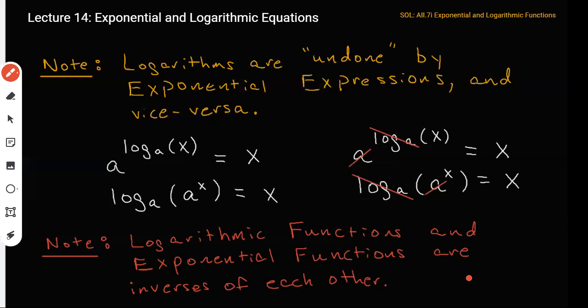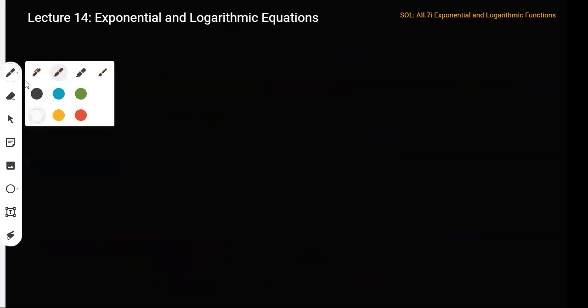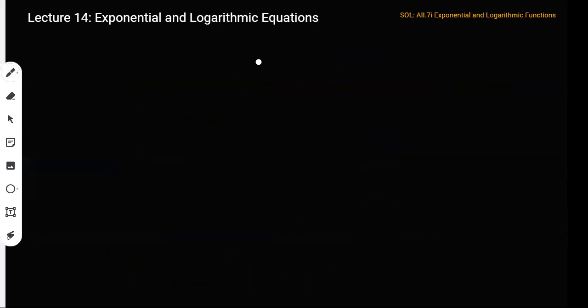Okay. So there are two special types of logarithms that you're going to see. They are called the common log. So let me divide up my paper. How about that?